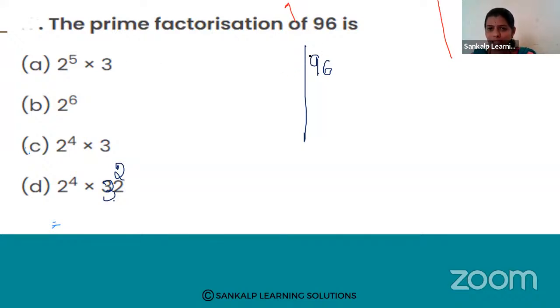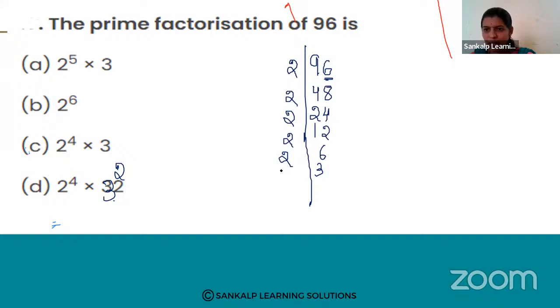Okay, we will check. We will start from 2 because in the digit place it has 6, so it is divisible by 2. 2 4s are 8, 1 remains. 2 8s are 16, 2 2s are 4, 2 4s are 8. Next, 2 1s are 2, 2 2s are 4, 2 6s are 12, 2 3s are 6. Next 3 is an odd number, so it will not come in the table of 2.